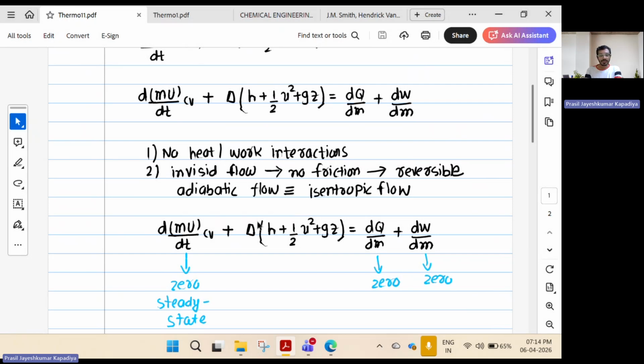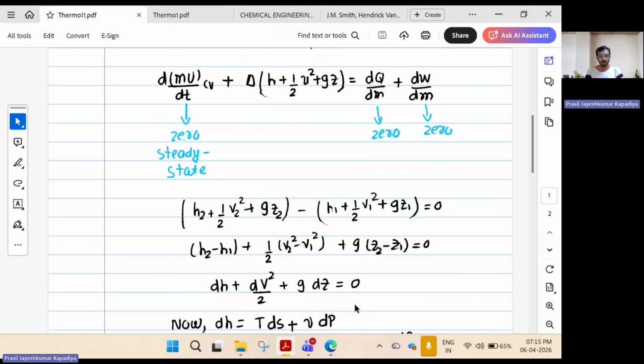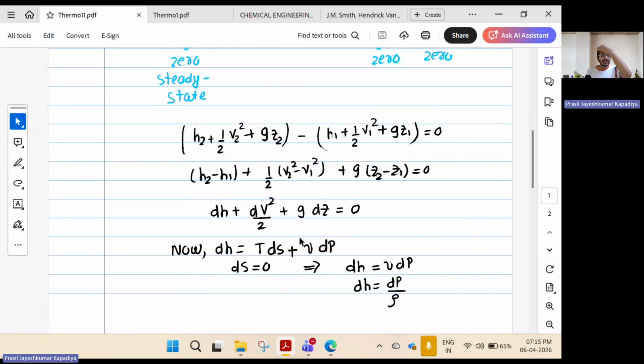Then we are only left with h2 plus half v2 square plus g z2 minus h1 plus half v1 square plus g z1 equal to 0. So h2 minus h1 is dh, half of v2 square minus v1 square is d(v square) by 2, and g of z2 minus z1 is g dz, all equal to 0. Now dh is equal to T dS plus V dP.